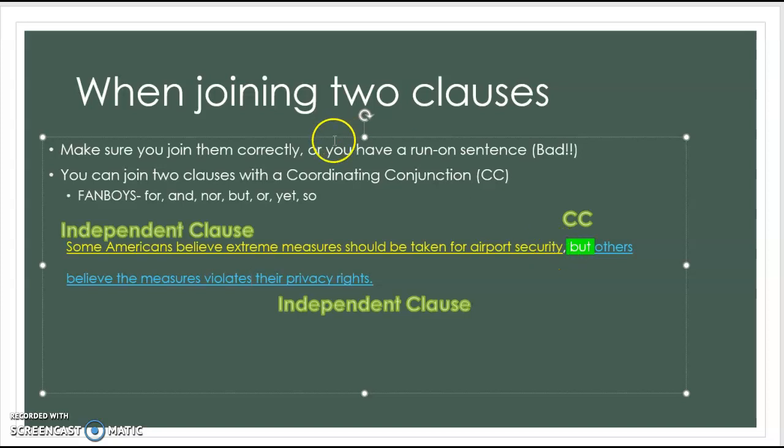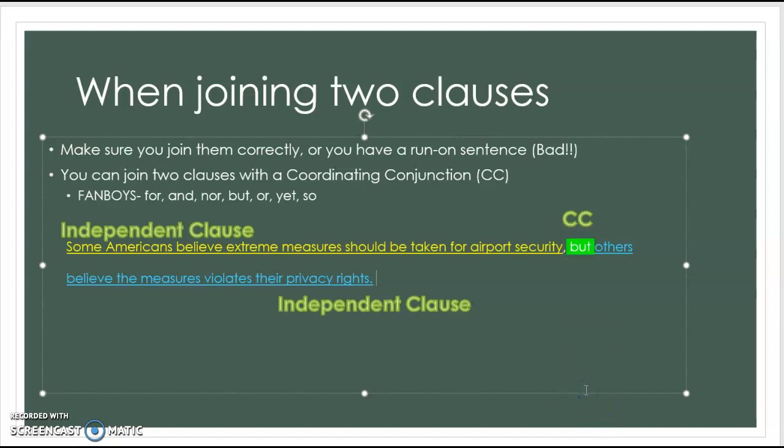You want to make sure when you are joining two independent clauses with a FANBOY, a coordinating conjunction, that you have a comma, then the FANBOY. Comma and, comma for, comma nor, comma but, comma or, comma yet, and comma so.